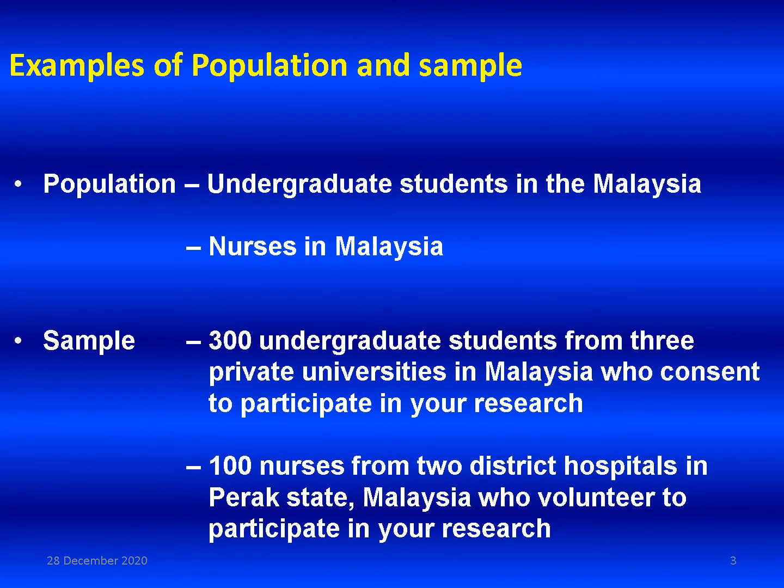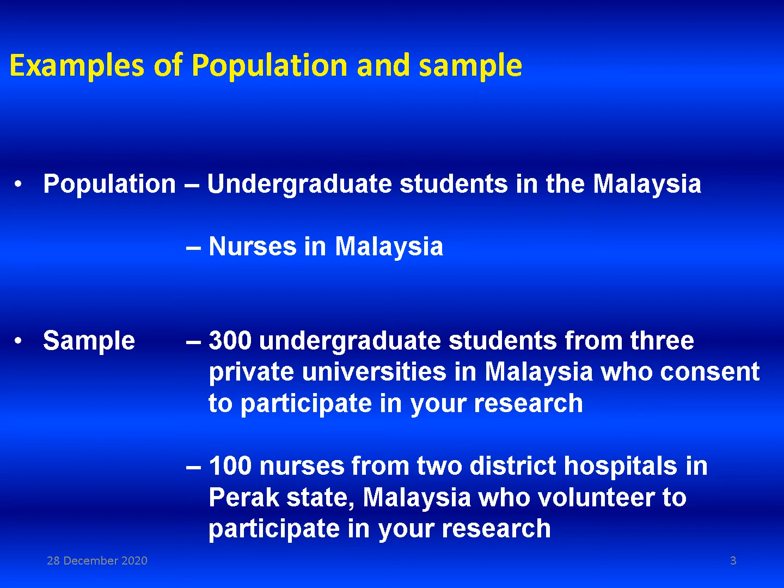Let us go through some examples of population and sample. First example: the population is the total undergraduate students in Malaysia. That is an example of population. Now we can go to the sample.